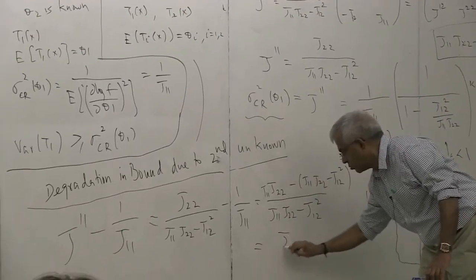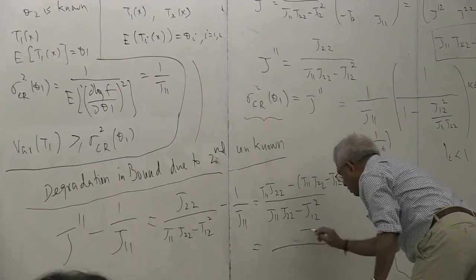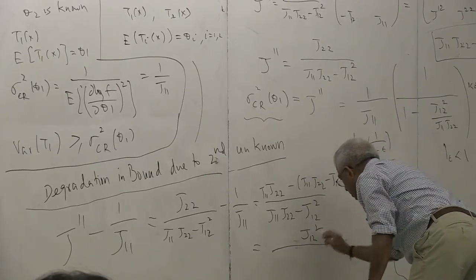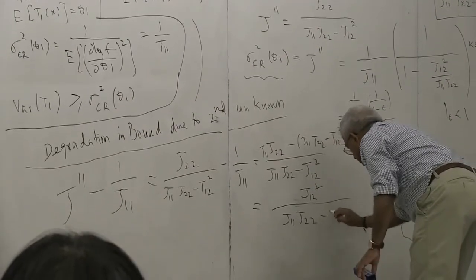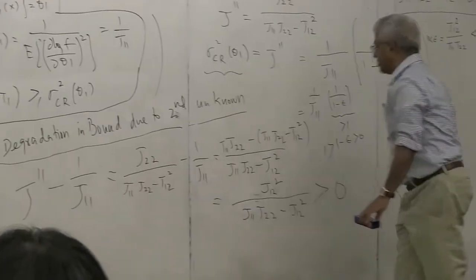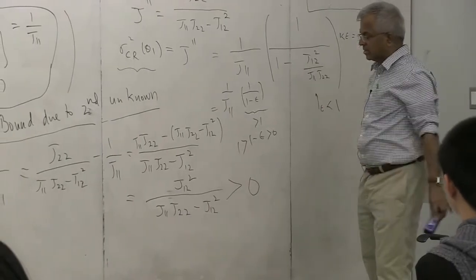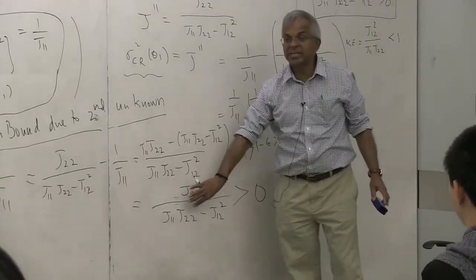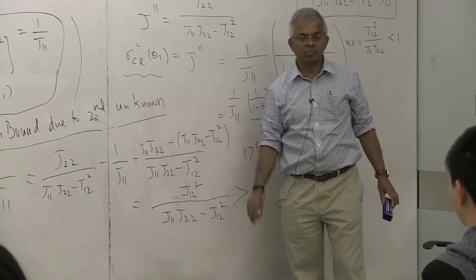This whole thing turns out to be J12 squared, and my point is it is positive. So this is the penalty we pay because of the additional parameter.